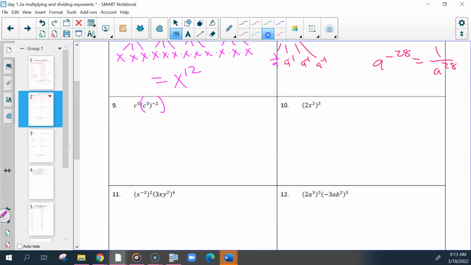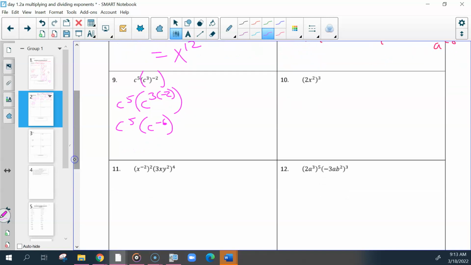So because we are raising an exponent to another exponent, we're going to multiply. So I'm going to write this as c to the 5th times c to the 3 times negative 2. This new exponent on the inside would be negative 6. Again, we're going to leave negative exponents to the end.